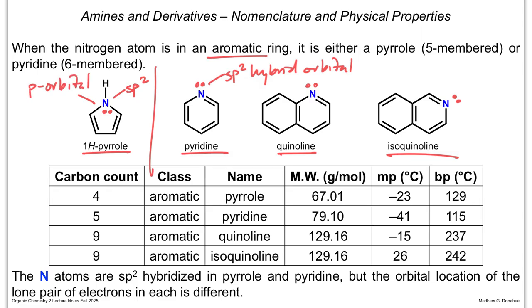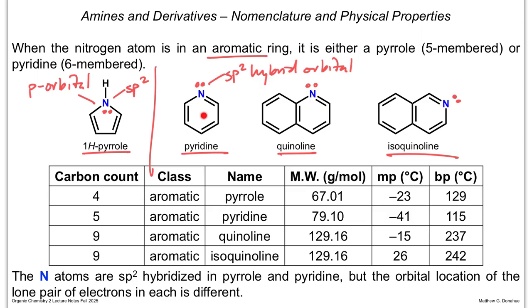So why is that important? One of the reactivity profiles for amines, I said, is that they're basic. The nitrogen atom lone pair will abstract an acidic hydrogen. To abstract a hydrogen, the lone pair has to be available to do that.